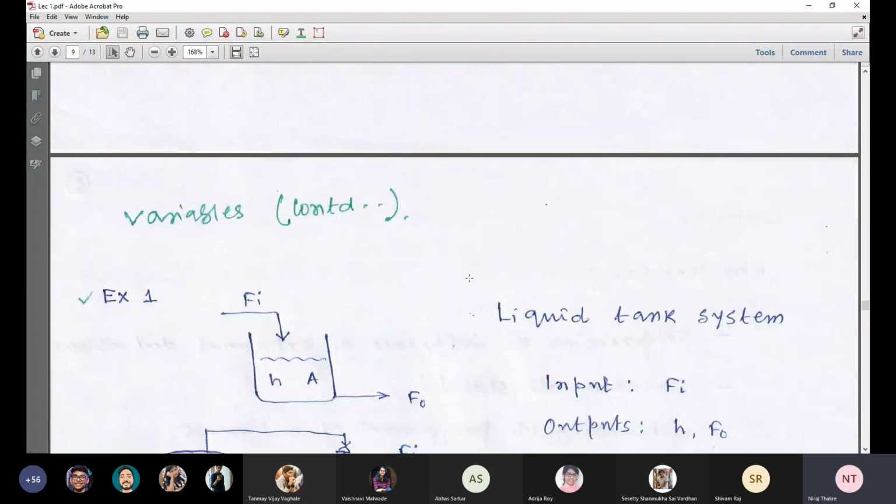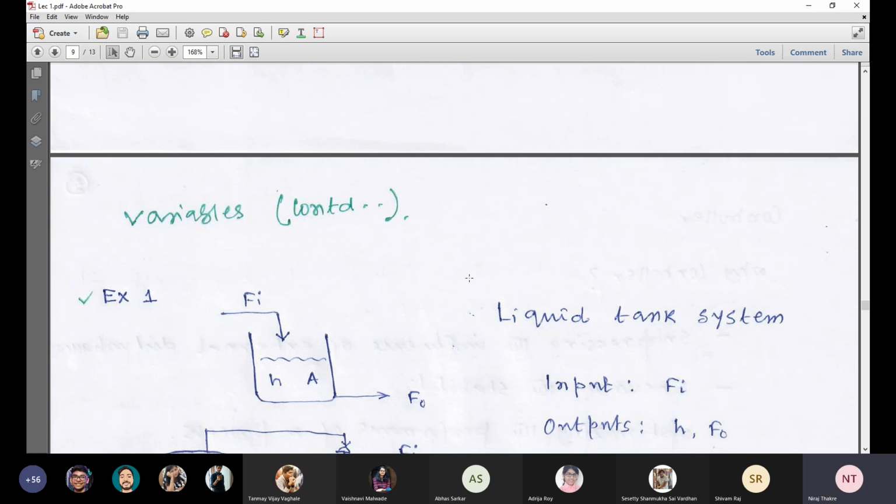Let us take this simple example first. You draw this figure. This is a liquid tank system. Let us discuss how we can define the variables for different chemical processes. At first, we are adopting a simple liquid tank system.